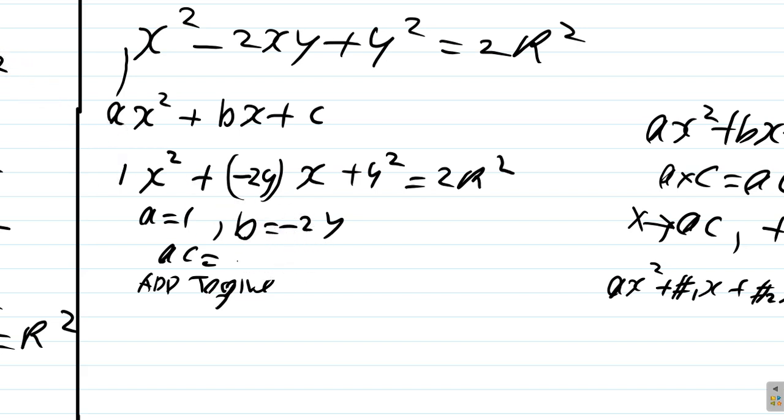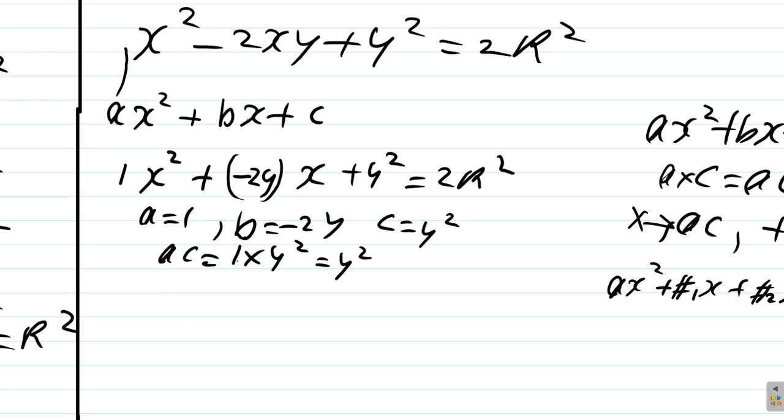I didn't write the C. C would be y squared. AC is 1 multiplied by y squared, which is y squared, right? It is the B that is negative 2y. The two numbers multiply to give y squared, and they add to give negative 2y.